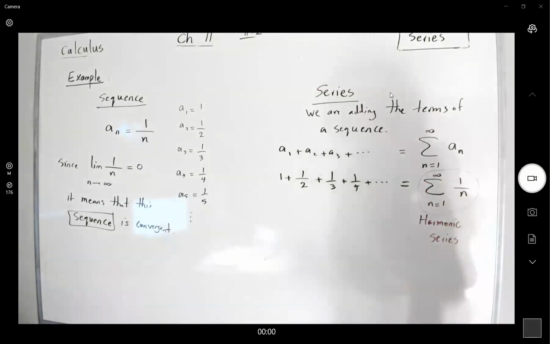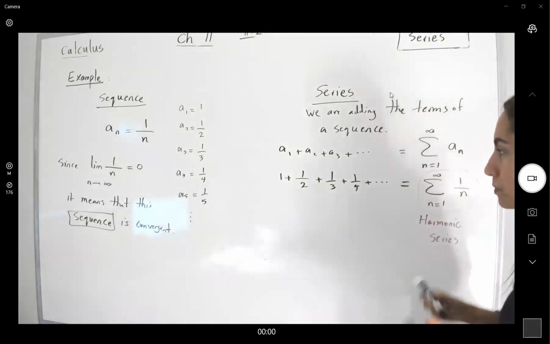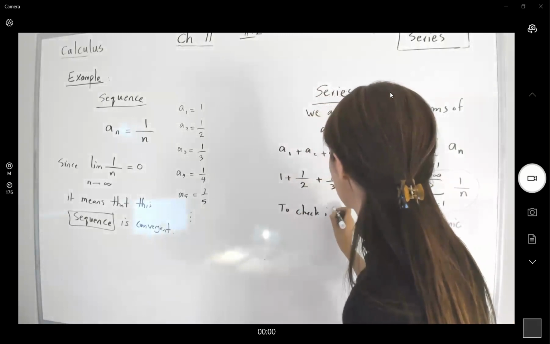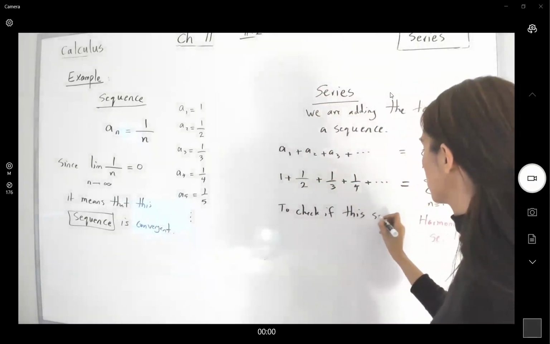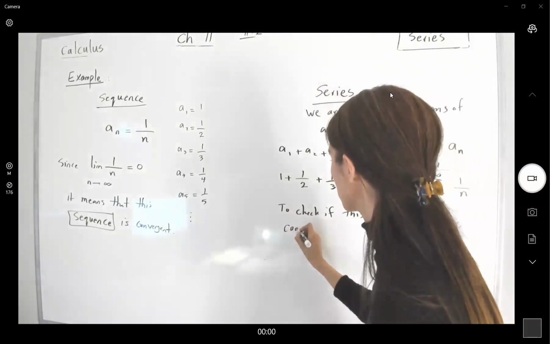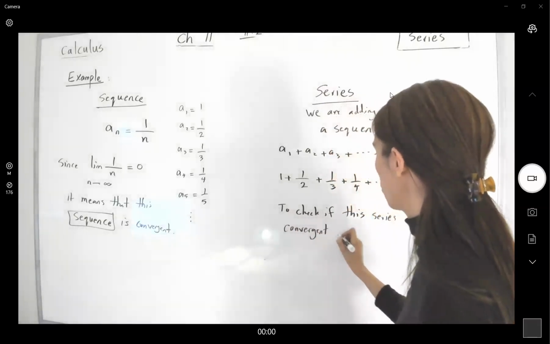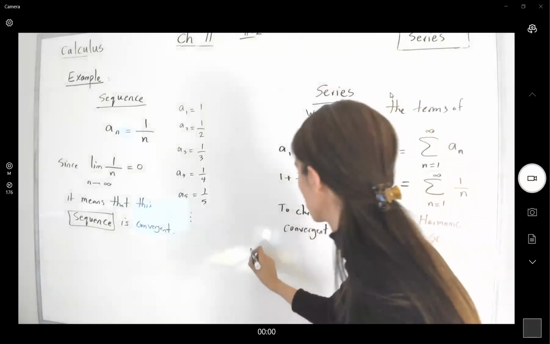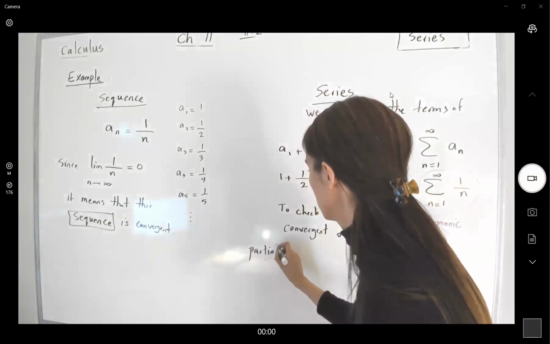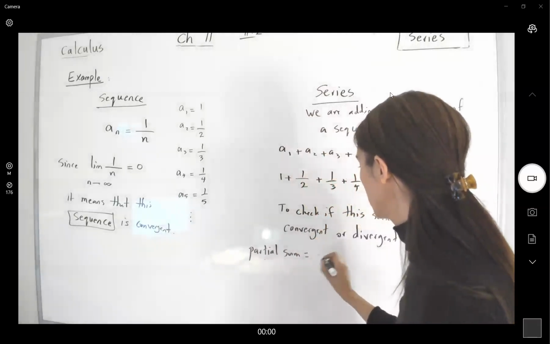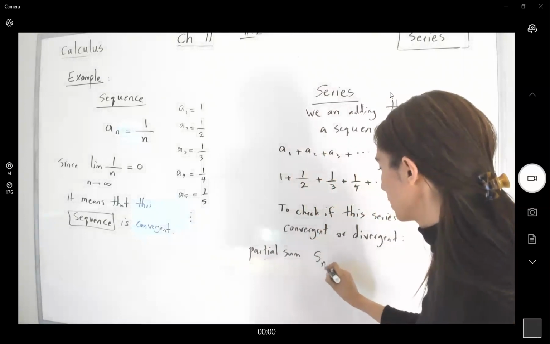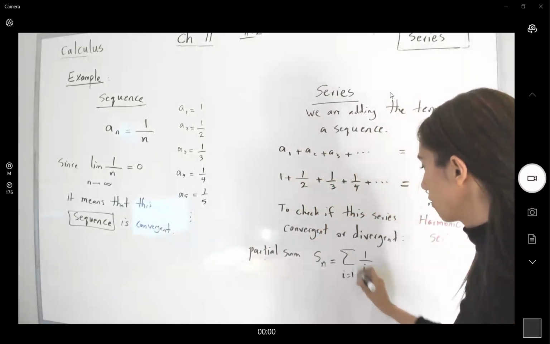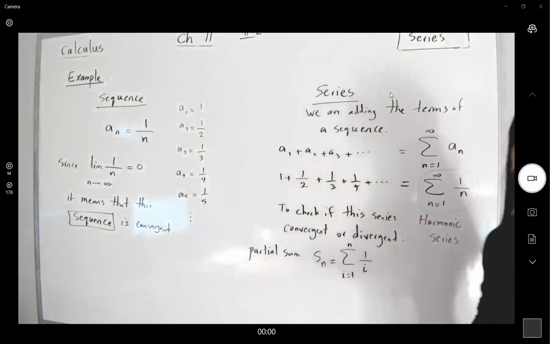Okay, what is the partial sum for this series? To check if this series is convergent or divergent, we need to check the partial sum. The partial sum is S sub n, which is the sum of 1 over i, i starts from 1 and stops at n.